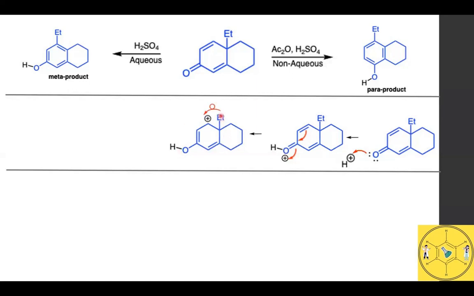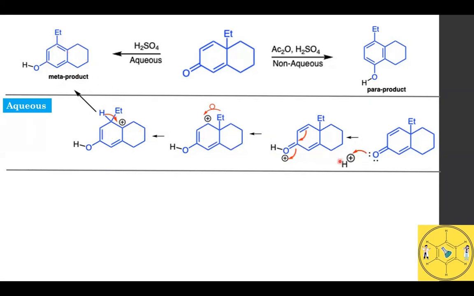Then a 1,2 migration takes place, where the ethyl group migrates towards the carbocation center, generating the tertiary carbocation. Then removal of H plus, that means aromatization, generates the meta product. Meta product means this is the ipso position, this is the ortho position, here the meta position. Our rearrangement takes place at the meta position.